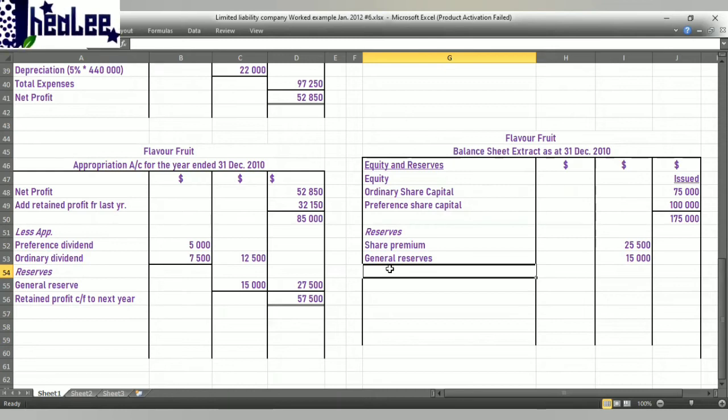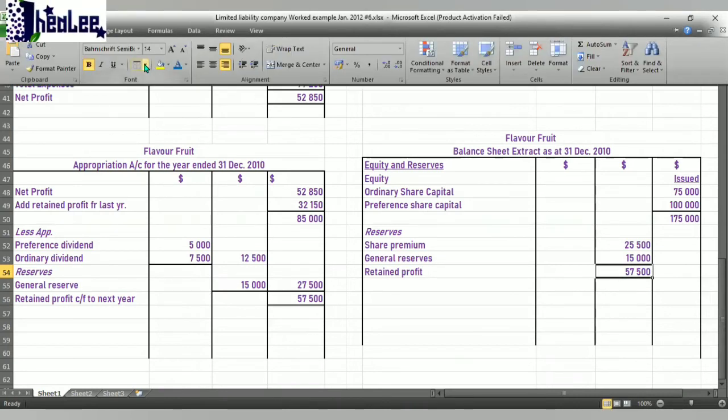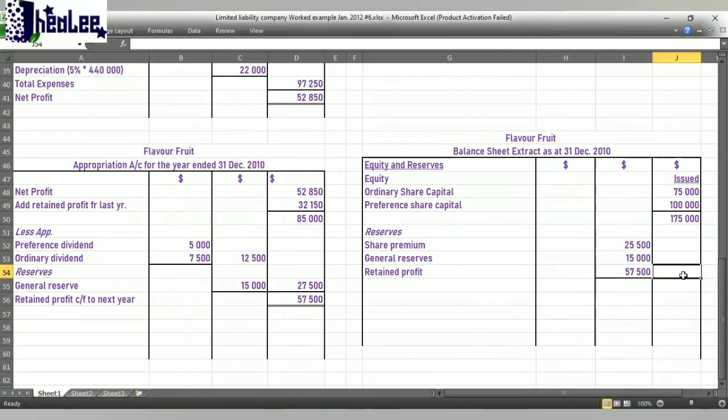So we're going to put retained profit, and the amount there is coming from your appropriation account, that final figure that you have generated in your appropriation account of $57,500. Now, this figure, you're going to add it to the other two reserves that we have. So in total, we have 98,000 as our reserves.